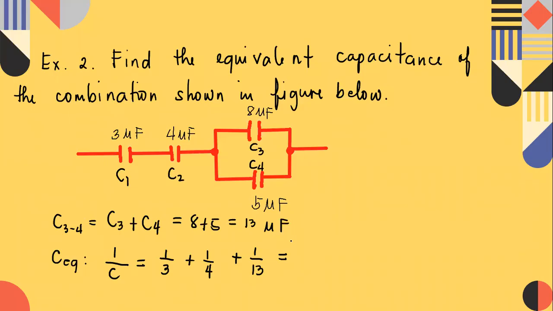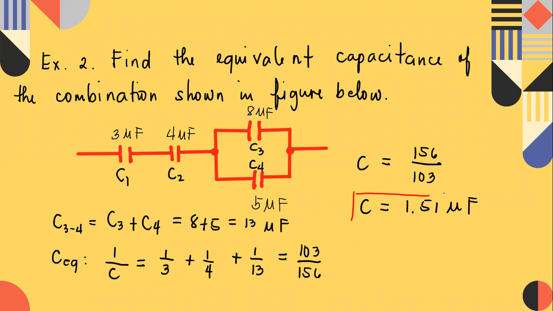This one is equal now to 103 over 156. Therefore, C is equal now to 156 over 103, which is equal to 1.51 microfarad. This one now is the equivalent capacitance.